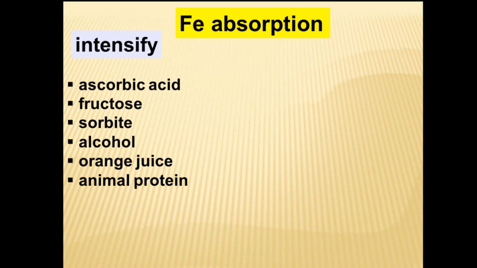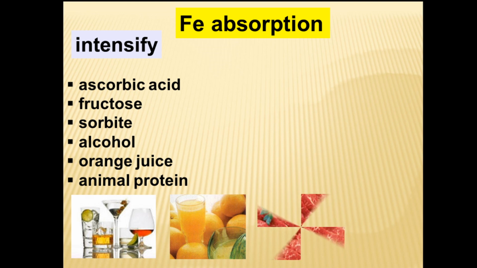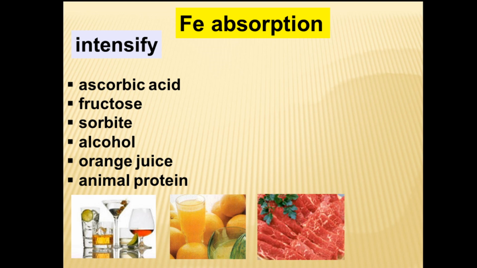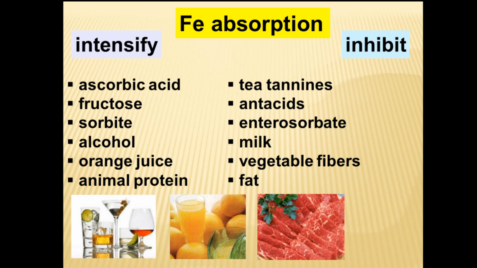But we must remember that absorption of iron is intensified by ascorbic acid, fructose, sorbate, alcohol, orange juice, and animal protein. And if we treat a patient with iron deficiency anemia, we will give him some dietary recommendations.